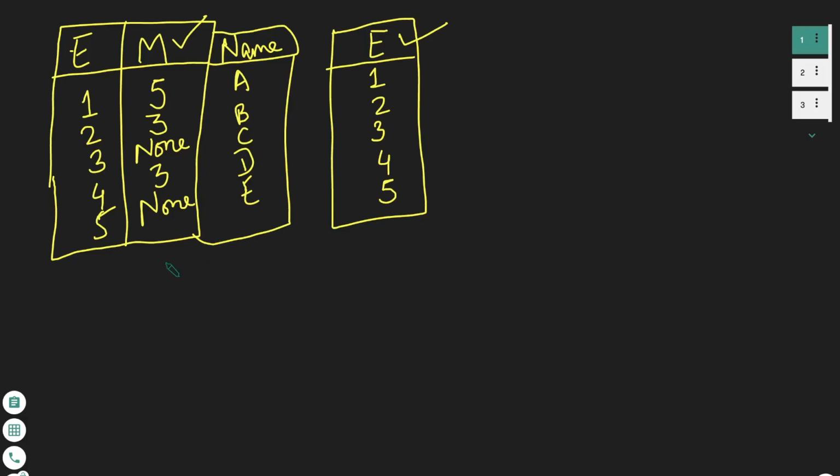So let us start doing it. For the first row, my manager ID is 5, and 5 is not equal to 1, not equal to 2, not equal to 3, not equal to 4, but here my join condition will match.